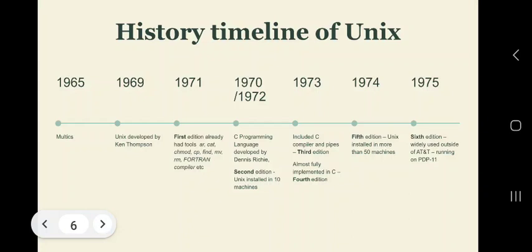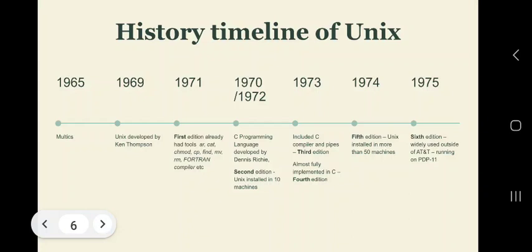By that time, Unix already had its second edition, and it had been installed on 10 different machines, most probably at AT&T Bell Laboratories. And in 1973, the third edition of the Unix operating system came out, and it included the C compiler and the concept called pipes, which is still predominantly used in the Unix and Linux operating systems, as you may know.